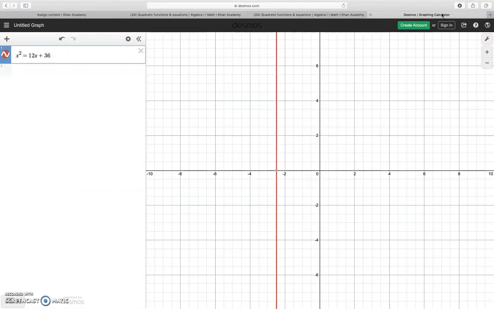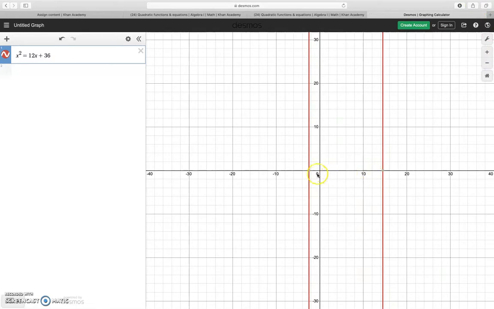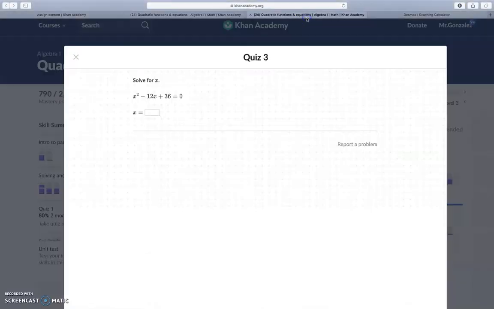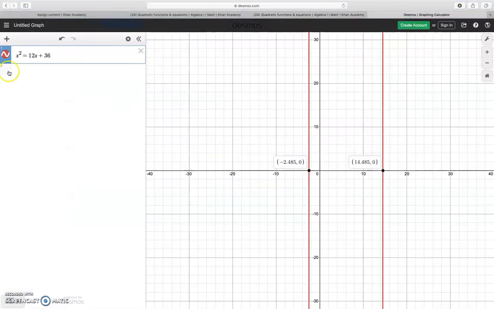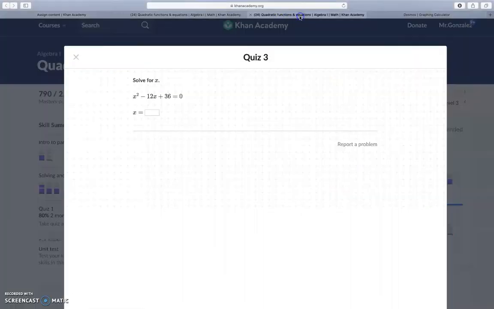We don't have to put the equals 0, but if you do, you'll get two straight lines and you'll get the intercepts. The x-intercept of this graph, where it crosses the x-axis, is at 6, 0. That's my answer, 6.